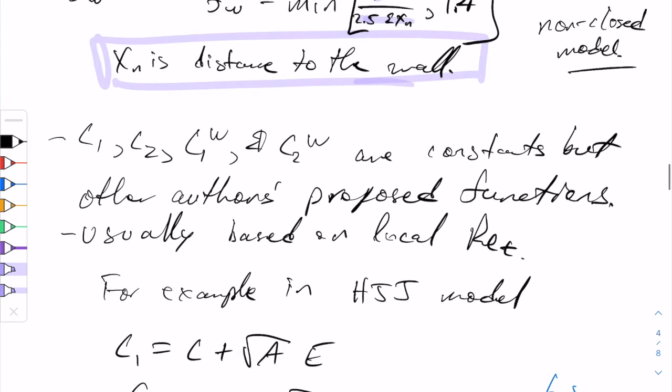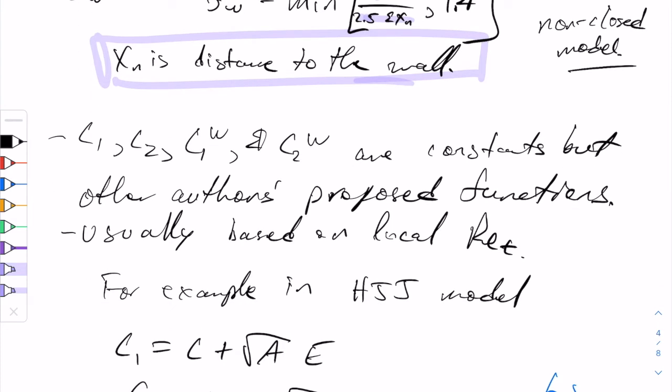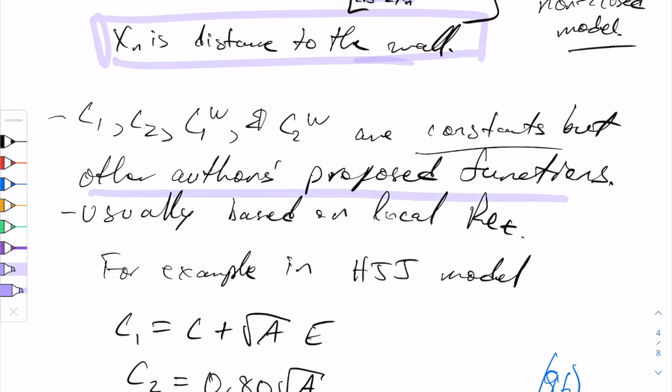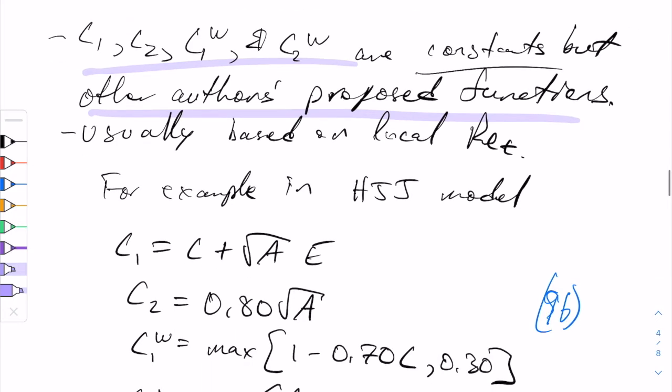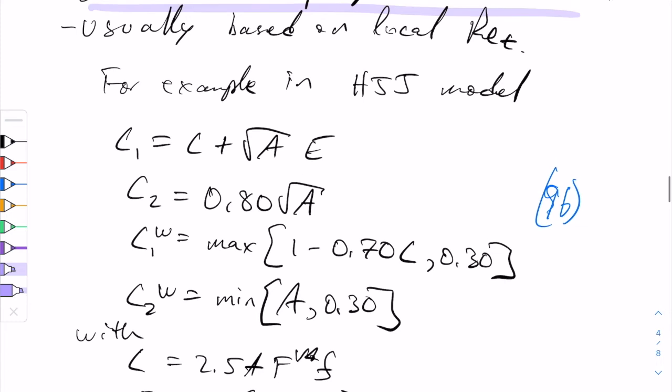So, other constants in the model we just looked at: C1, C2, C1 prime w, C2 prime w. These are nothing but constants. And what happens in follow-on models, other authors who followed on this model, is they propose functional forms for these coefficients. Here, for the HJJ model, they define some of their coefficients as something that depends on the turbulent Reynolds number.